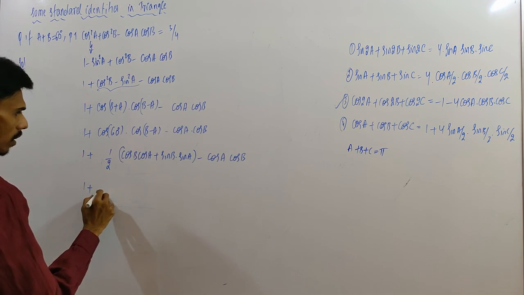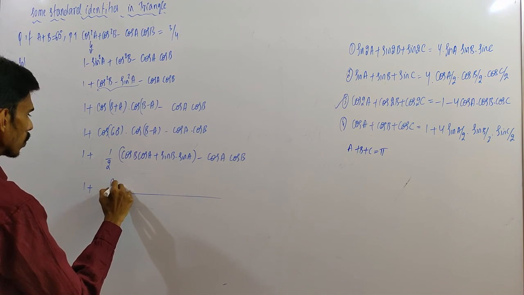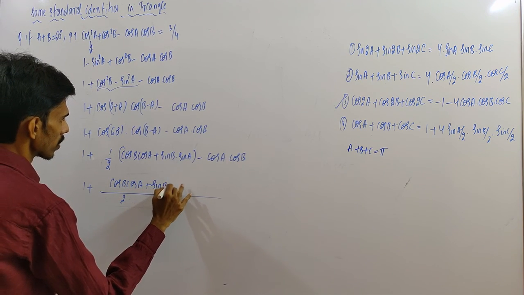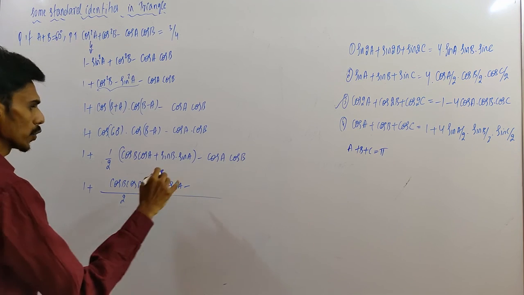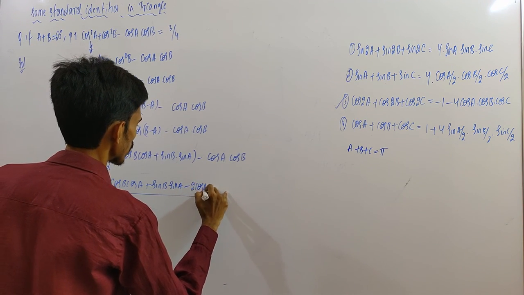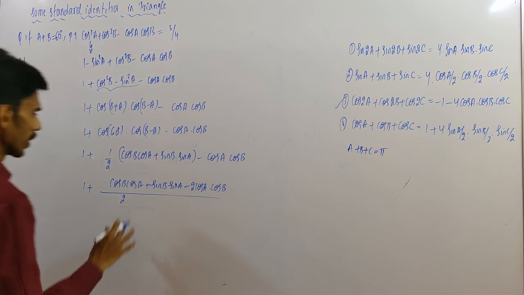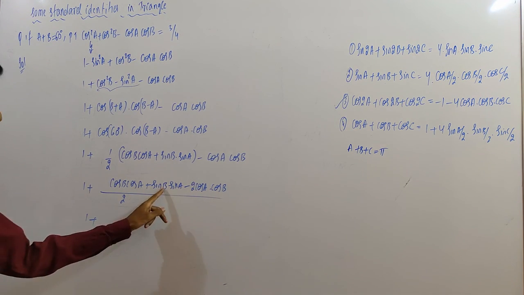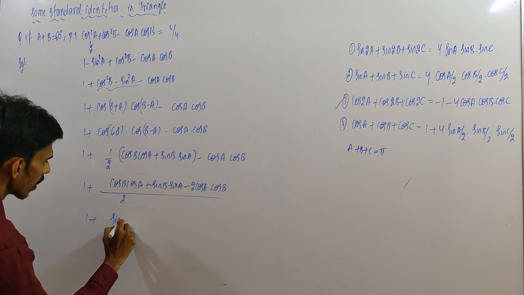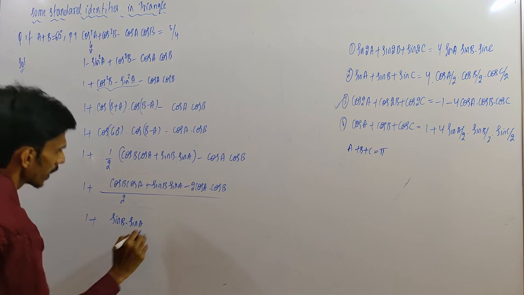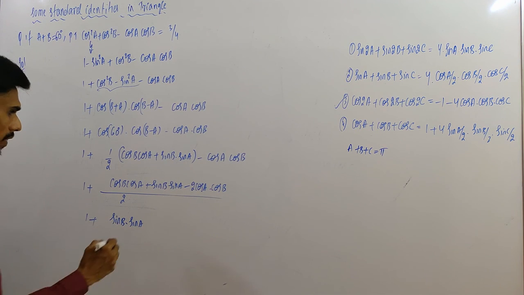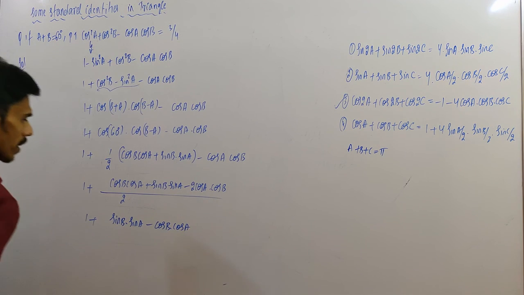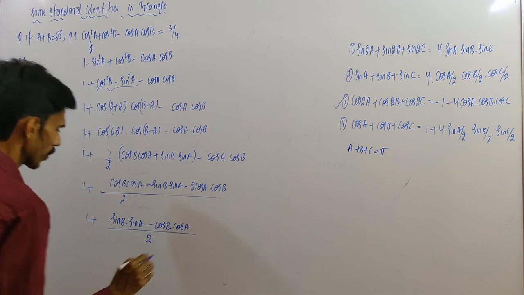Here we have 2, cos B cos A plus sin B sin A minus 2 cos A cos B, 2 into this, so it will become 1 plus, write down this sin B sin A, 2 minus 1 is minus cos B cos A divided by 2.